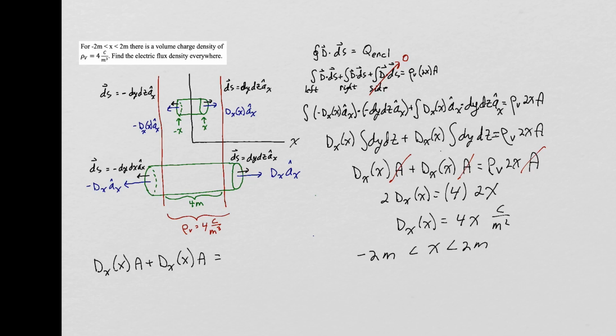But now the charge enclosed will always be constant when x is greater than 2 meters or x is less than -2 meters by the amount of charge in this region right here between -2 meters and 2 meters. So that will be the volume charge density of 4 coulombs per meter cubed times this length, which is 4 meters, times the cross-sectional area of our Gaussian surface A.